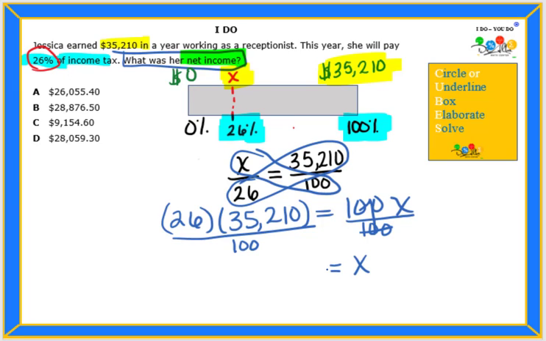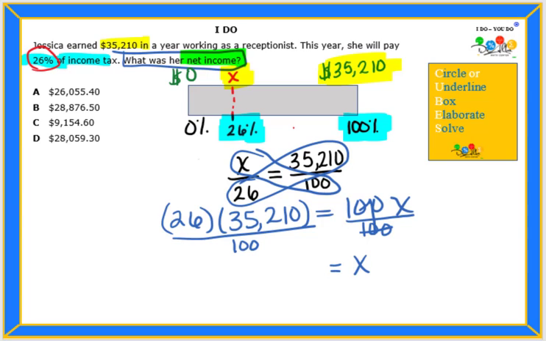And on the other side, we're going to evaluate. So we can multiply 35,210 times 26. Other times we have simplified here and pulled out one of the numbers. But in this case, just so that we can show that it would be the same thing, we're just going to go ahead and evaluate it all the way across.